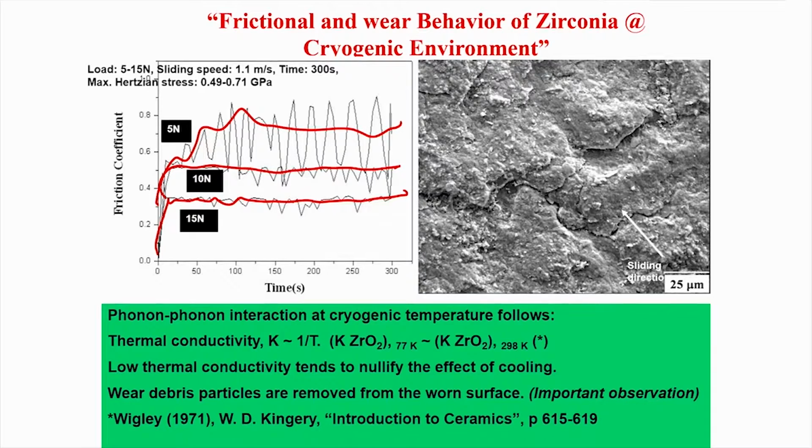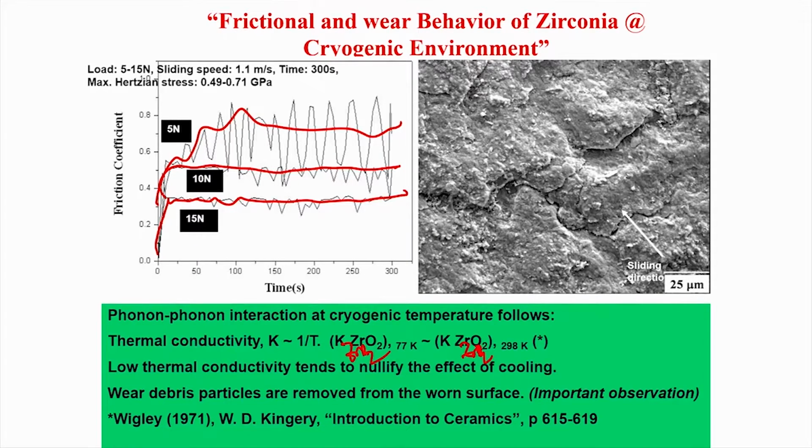So this is the typical frictional behavior. But like alumina, for zirconia also the thermal conductivity is proportional to 1 by T. What it means is that the thermal conductivity of zirconia at 77 degree Kelvin is almost similar to that of zirconia at 298 Kelvin.